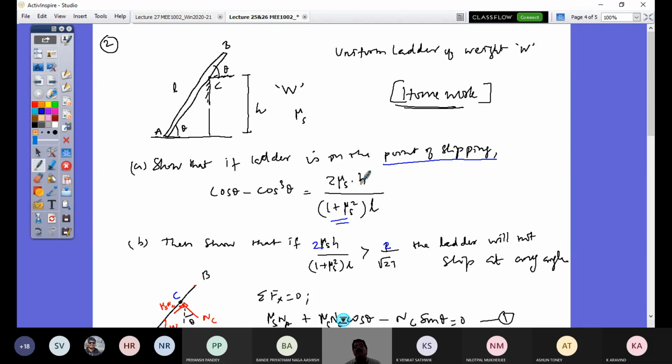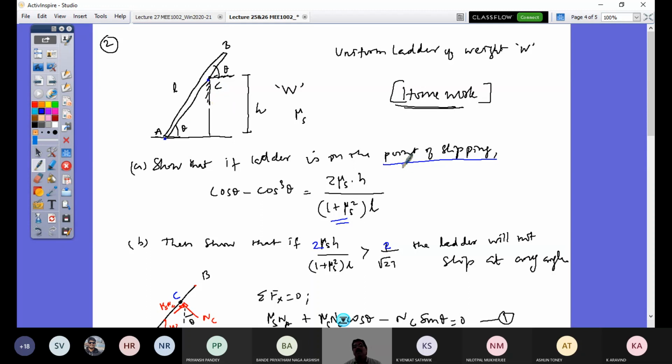So it is given in terms of surface characteristic and geometrical values. You have proved that from the condition of equilibrium, considering at point A and point C, the friction forces developed are the maximum possible values.